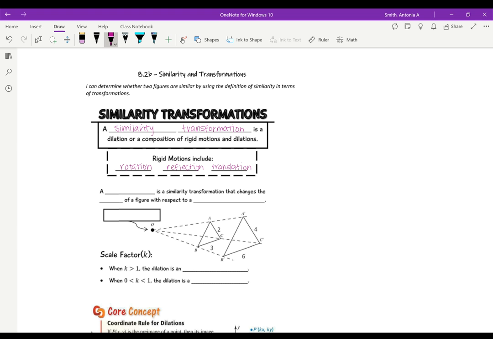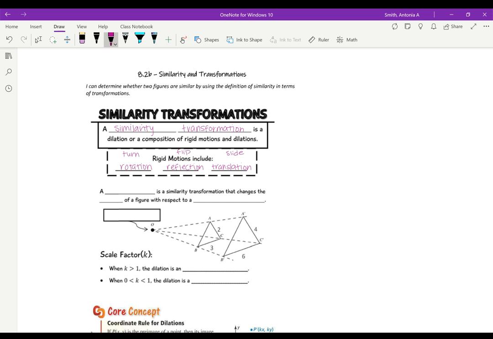If you are rotating a shape, all you're really doing is turning it. If you are reflecting a shape, you are flipping it. And if you are translating a shape, you are sliding it.